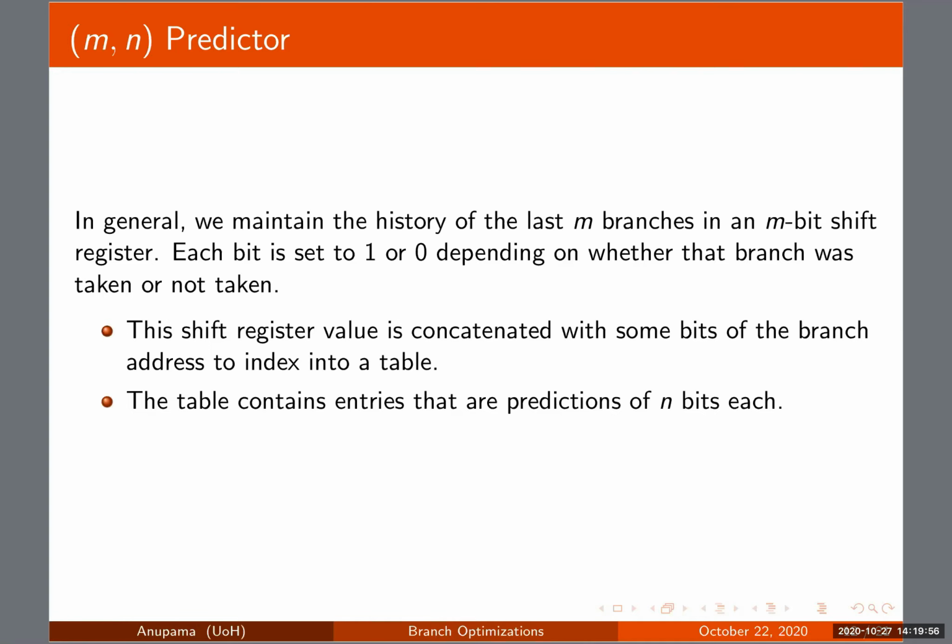Then you take 4 bits from the branch address, concatenate those 4 bits with the global branch history, and use that to index 64 entries, because you now have 6 bits. Each entry is a 2-bit predictor of whether it will be taken or not taken. Okay, so this is how the correlating predictor works.